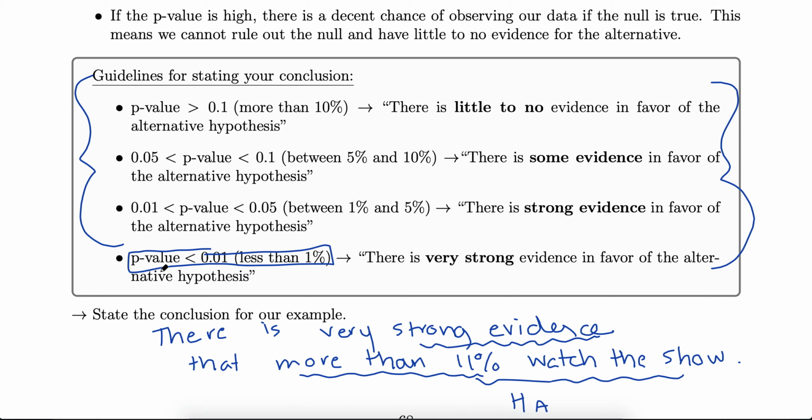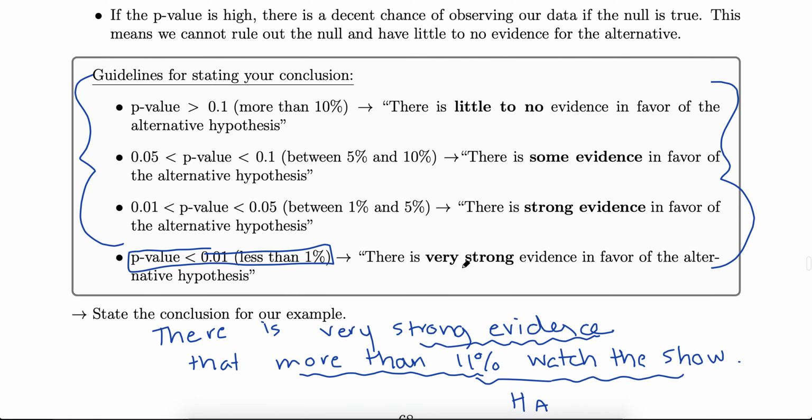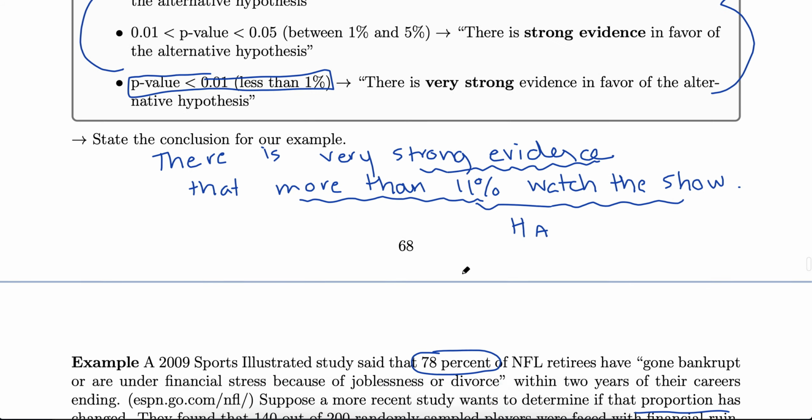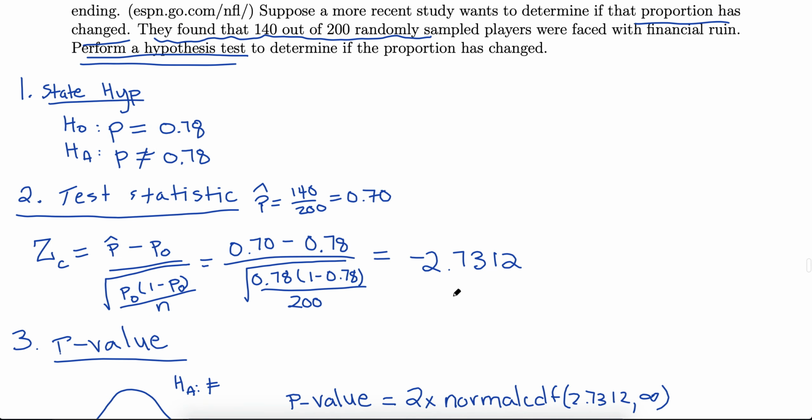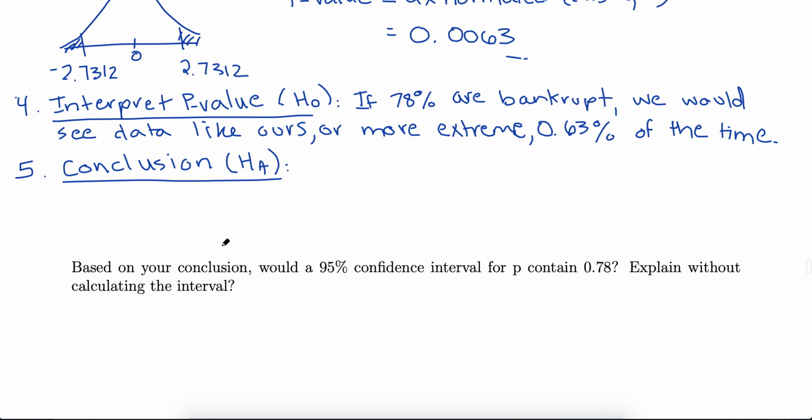We're again in this example on this bottom section. Our p-value is really small. We had 0.6% of the time, which is less than 1%. So seeing our data under that assumption is really rare. So we have really strong evidence that it was a bad assumption, and we're going to go with our research question. So there's very strong evidence for HA. And remember, HA is the proportion is changed from 78%.